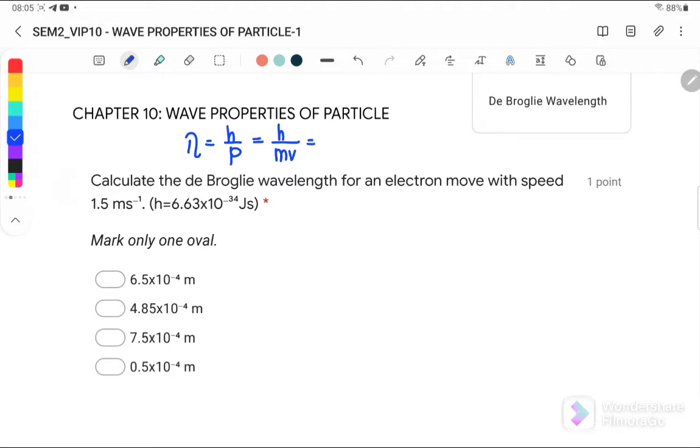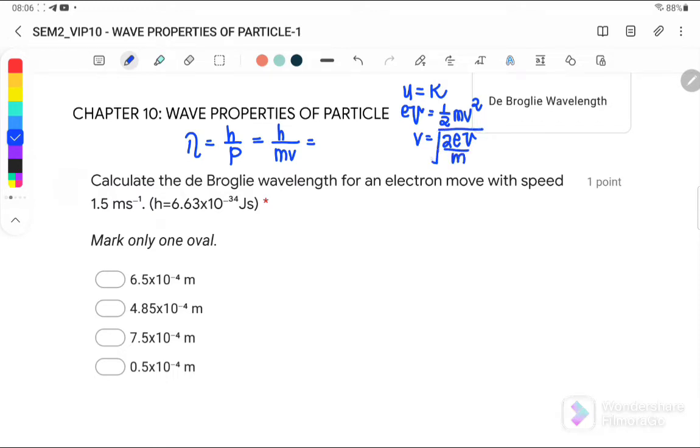We also notice that potential energy is equal to kinetic energy. The potential energy is equal to eV and the kinetic energy is equal to half mv squared. So v is equal to the square root of 2eV over m.